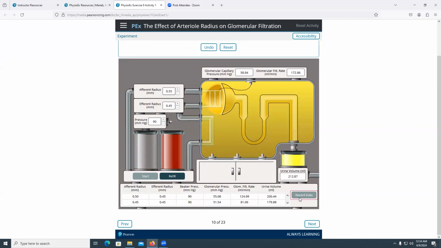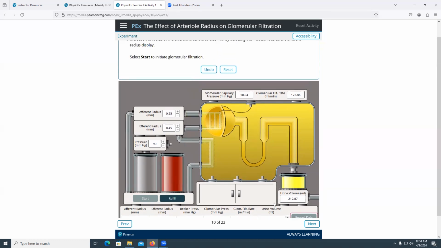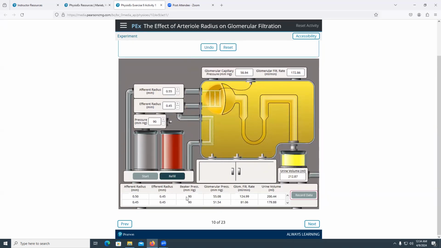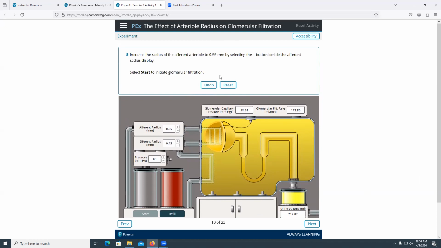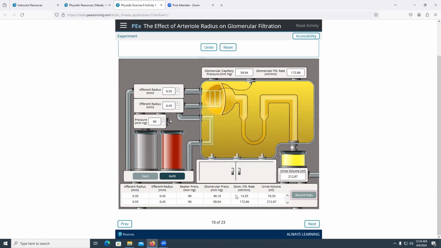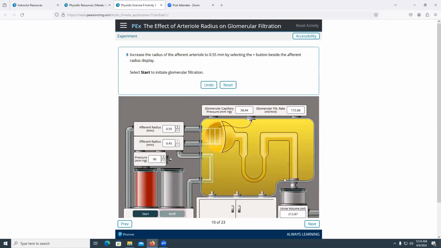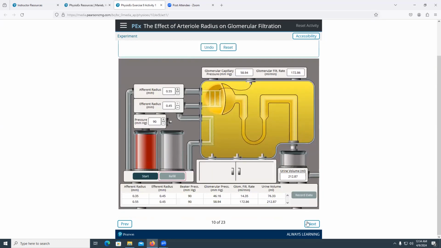Now let's record the data. 0.55 gave me 58, 172, and 212. That's even more than 0.50. So I see a trend: if I increase the afferent arteriole, I increase the urine output, I increase the glomerular filtration rate, and I also increase my glomerular pressure. Let me refill everything and continue with the experiment.